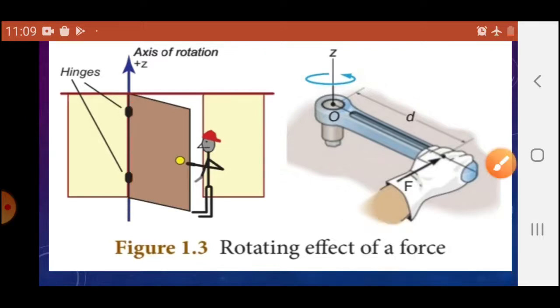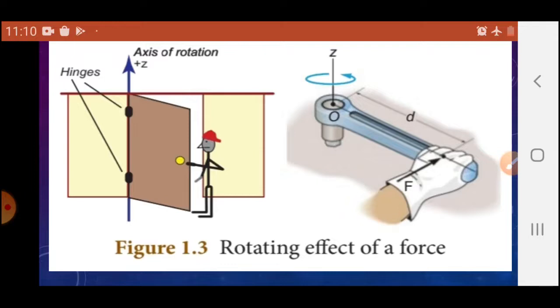And next one, the point of rotation. So the point of rotation, which is nothing but either clockwise or anti-clockwise, that object will be rotated using spanner-like tools. The axis of the fixed edge about which the door is rotated, that axis of rotation, that is different.